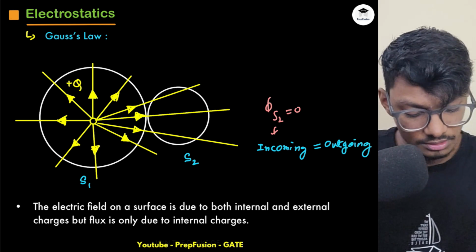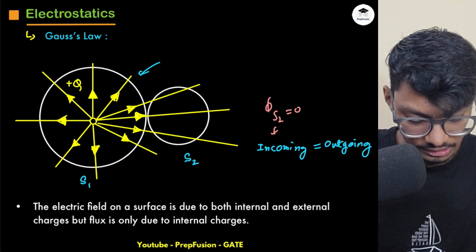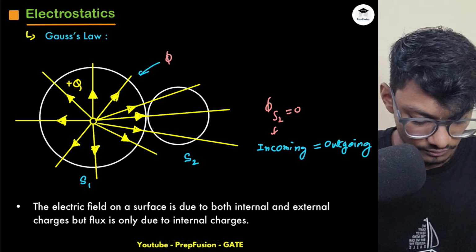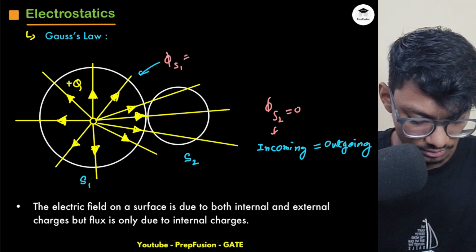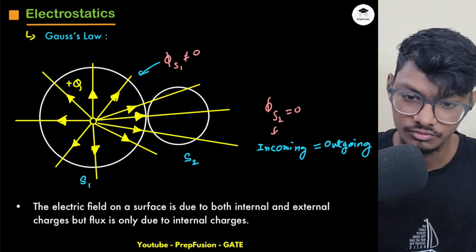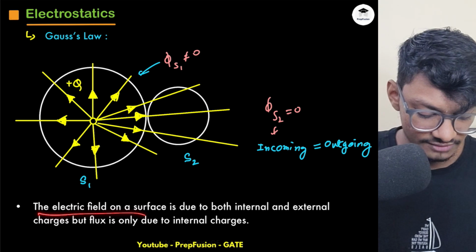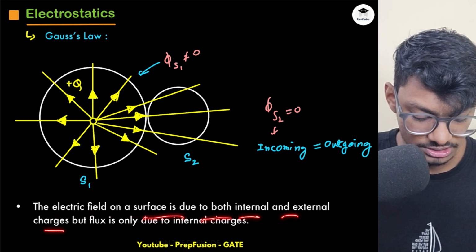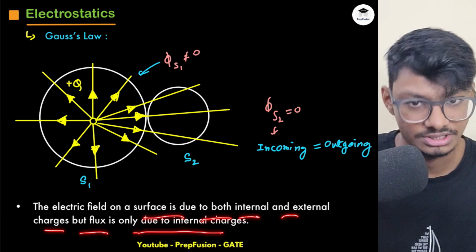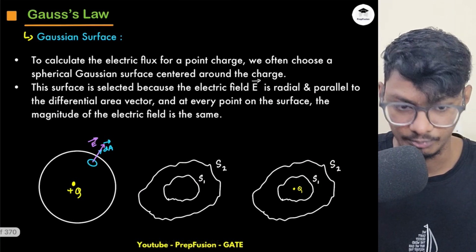But here in the surface S1, phi S1 will not be equal to 0. The electric field on a surface is due to both internal and external charges, but flux is only due to internal charges, as mentioned multiple times.